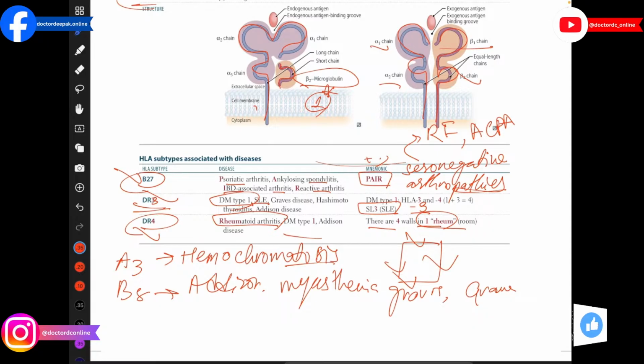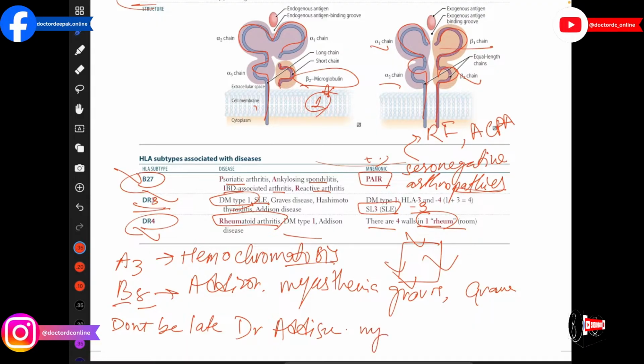So you have one mnemonic, don't be late. Don't be late, Dr. Addison, otherwise you will send my patient to grave.